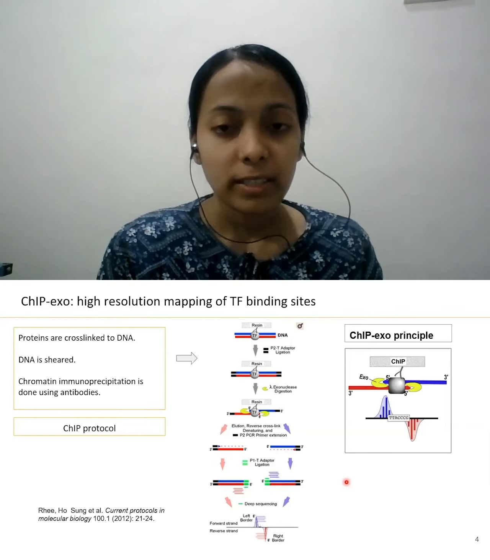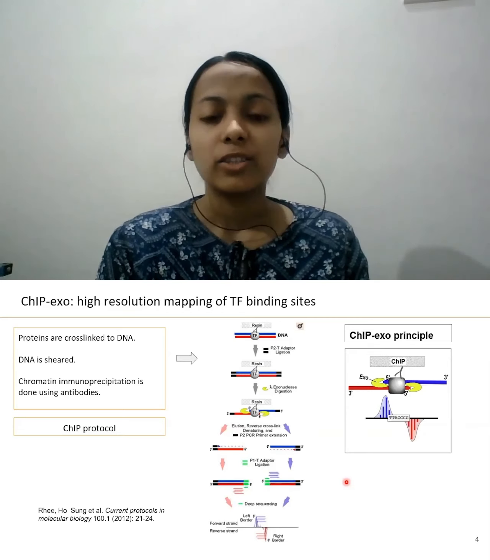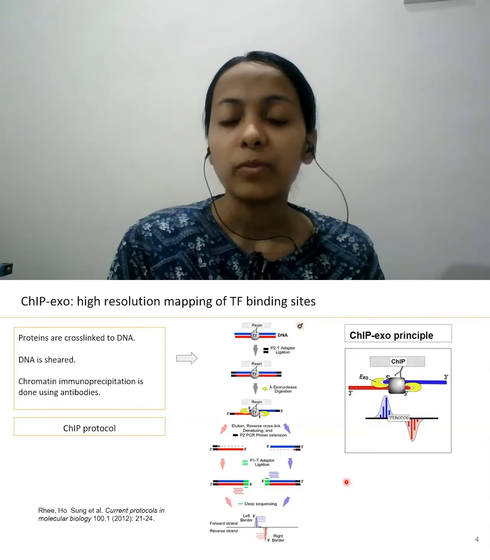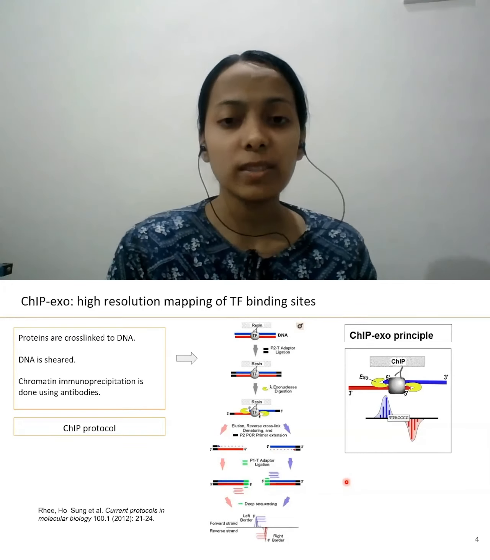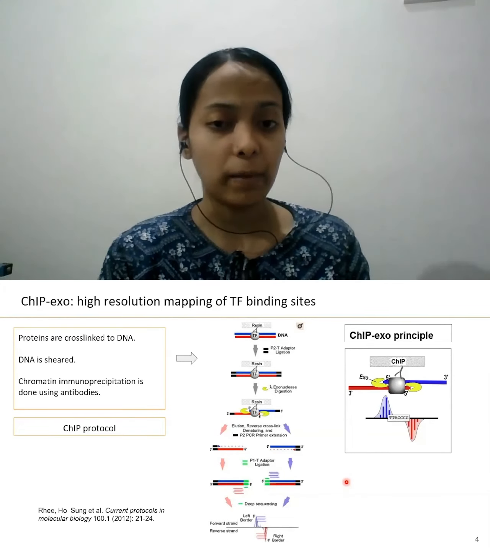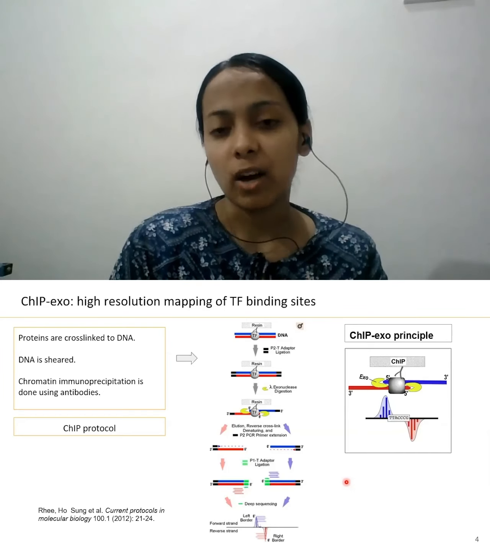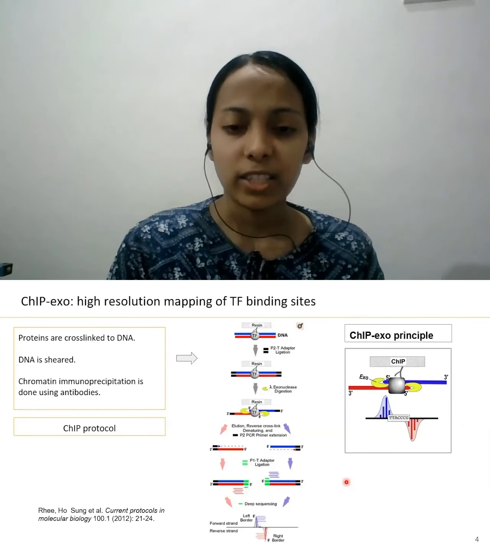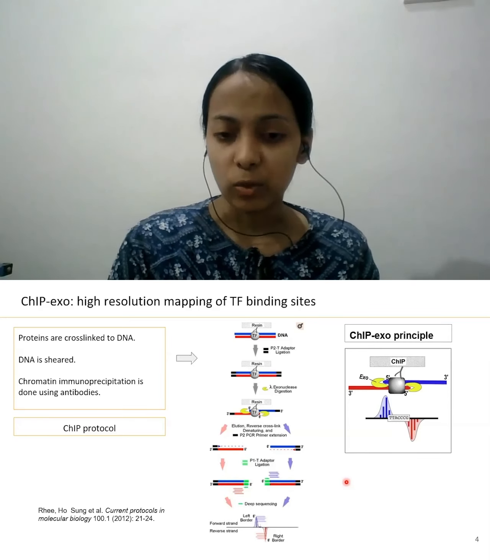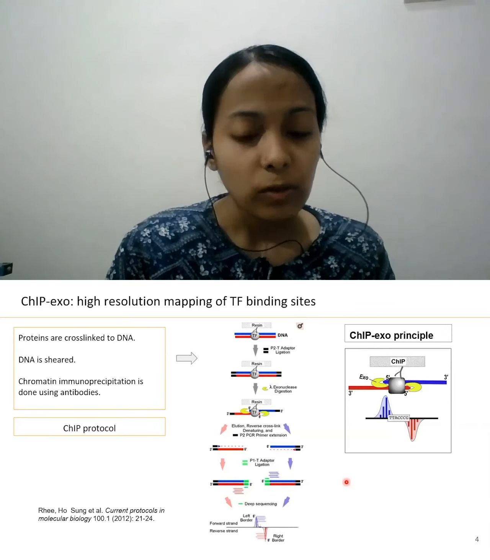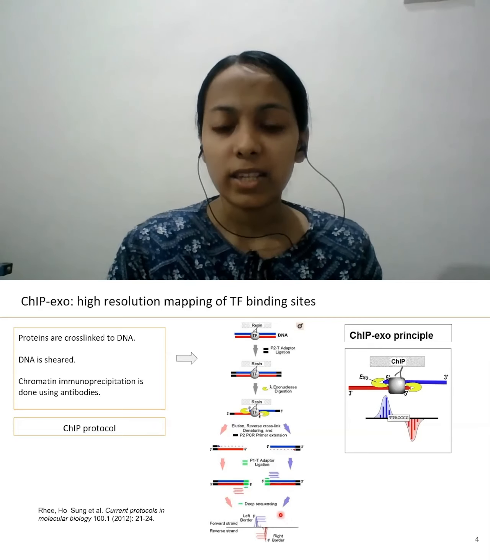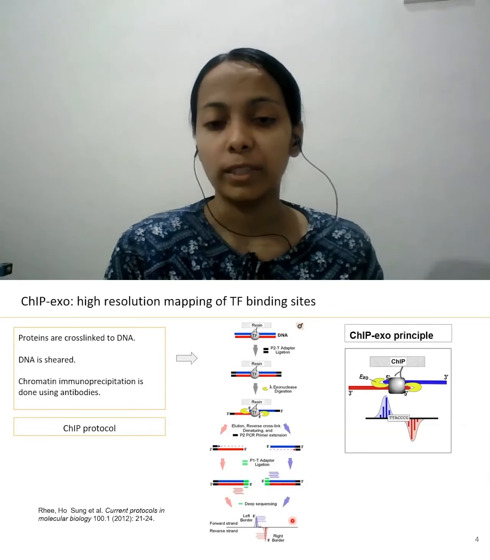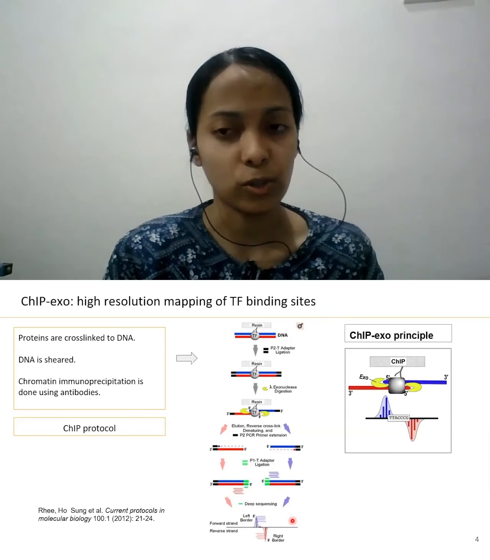These immunoprecipitated DNA are then adapter ligated and treated with exonuclease enzyme. Exonuclease enzyme digests the free DNA from 5' to 3' end until it encounters the bound protein. At this stage, the crosslinks are reversed and the DNA is sequenced and mapped to the genome. Because of the exonuclease digestion, these DNA reads are mapped very close to the protein binding site, forming sharp and precise read distributions.